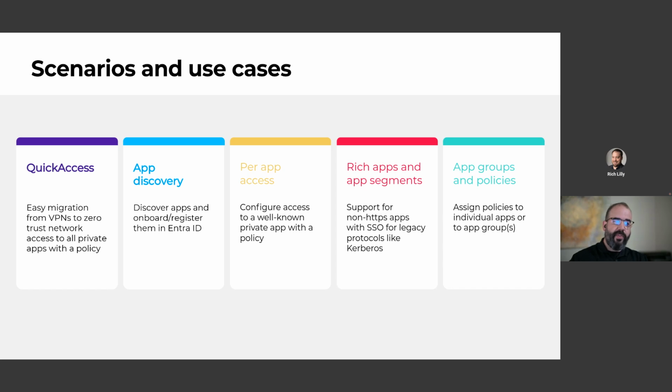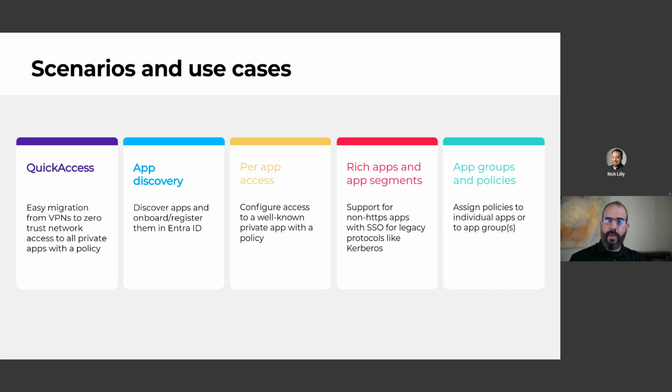When we get to that point of having that per app access, we configure each of those apps with a policy and enforce whatever rules we need, isolate it to just the users that need it. And we also get the benefit of being able to have rich apps and app segments, meaning that we can have SSO enabled for non-HTTP applications, for legacy protocols like Kerberos, for example.